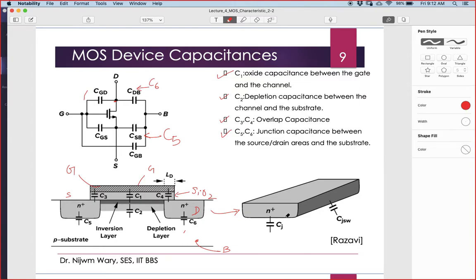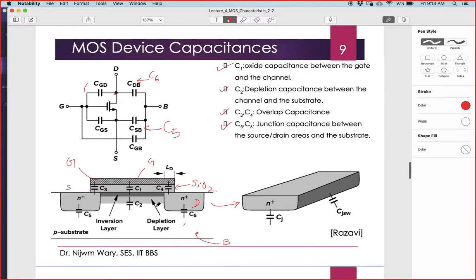This is a junction capacitance between the drain and the substrate, because we have a PN junction here, and we know that whenever there is a PN junction diode, there exists a depletion capacitance, or junction capacitance. It can be divided into two categories: the bottom plate capacitance and the side wall capacitance. We'll come to the details of this after a few slides.